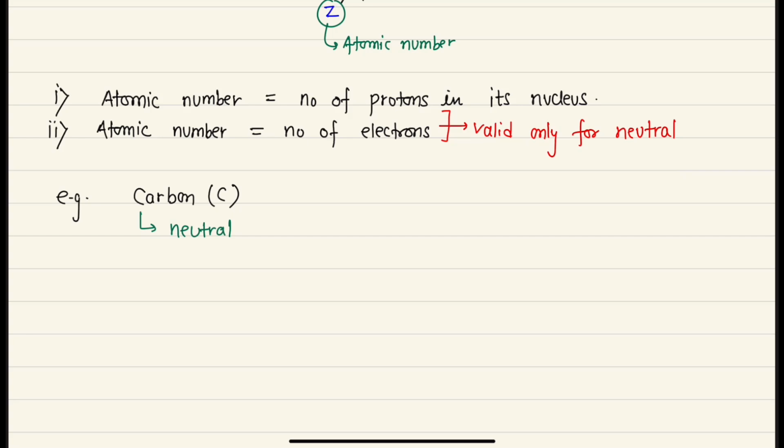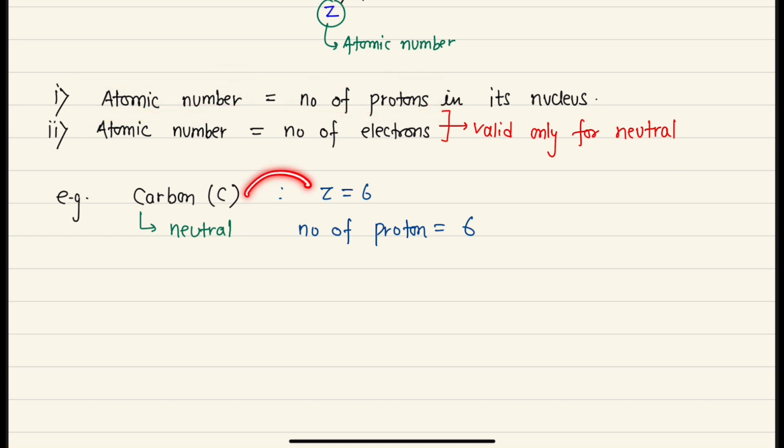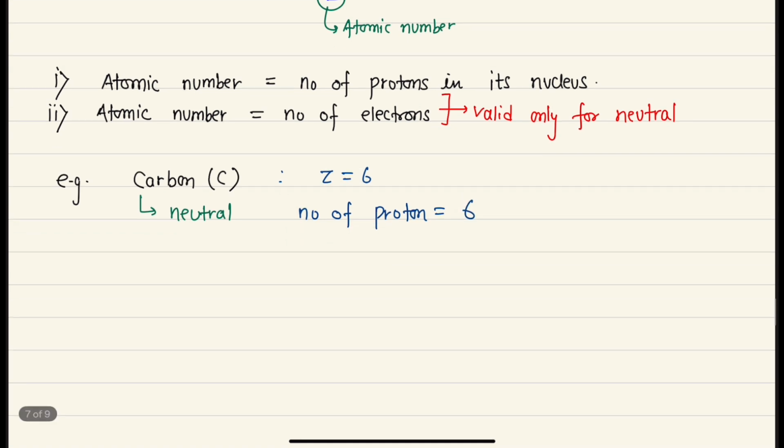See here. In the case of carbon, atomic number is 6, Z equal to 6. So number of protons equal to 6, because we know that atomic number equals number of protons. That's why we can write directly here number of protons equal to 6.